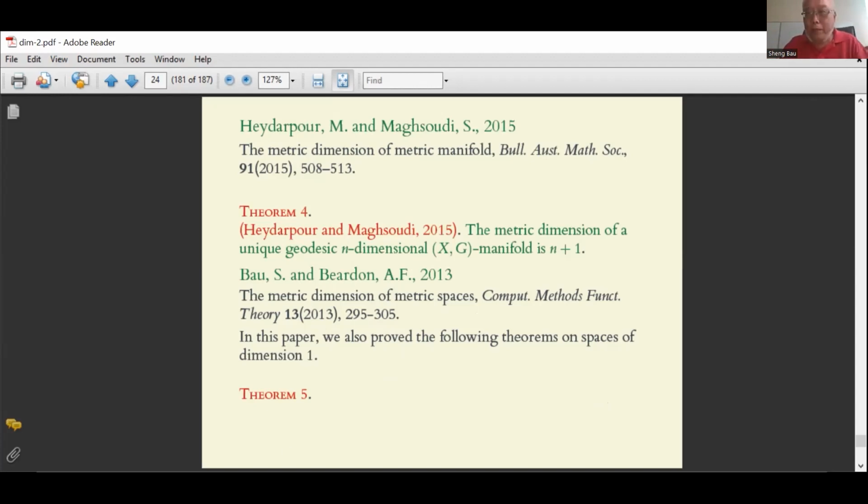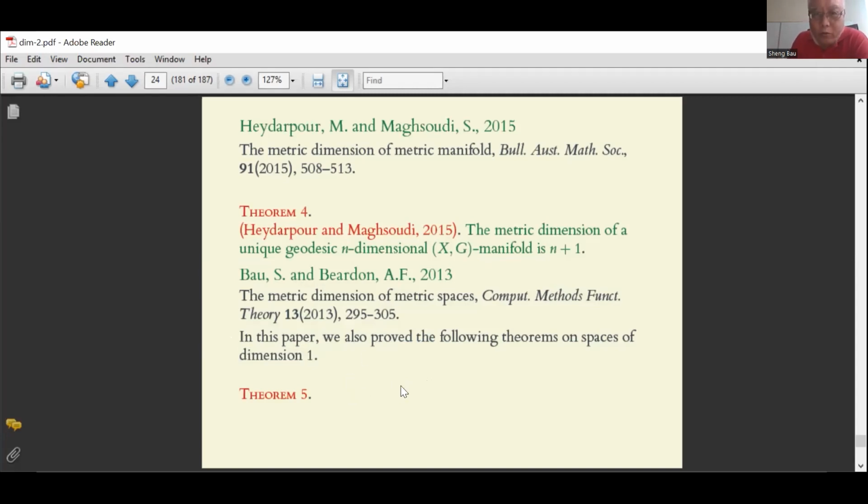So that's fine. So here, things we did more is we completely determined topological spaces whose metric dimensions are 1. Of course, Professor Ion Tomescu and Professor Muhammad Imran claimed that they also determined all graphs with metric dimension 1.